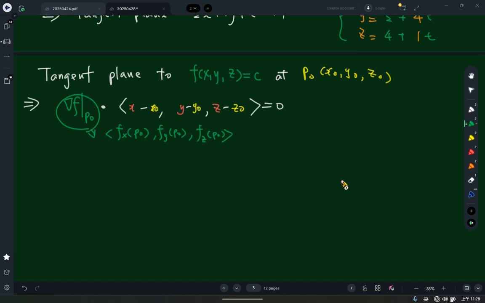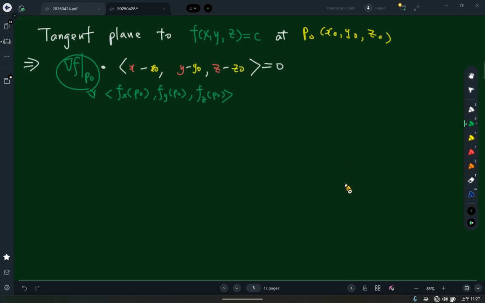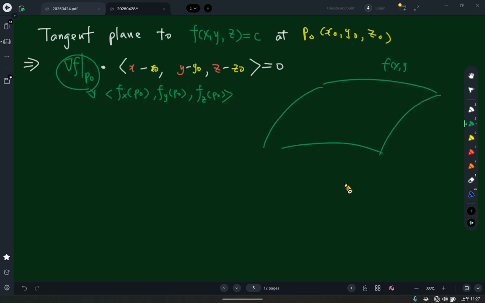Actually, we just calculate by following this idea from the previous example. I can also draw the picture for you: once I give you f(x, y, z) = c, we can get this one, right? Then I also give you the passing point P0 = (x0, y0, z0), and we want to get the tangent plane. The tangent plane is here.